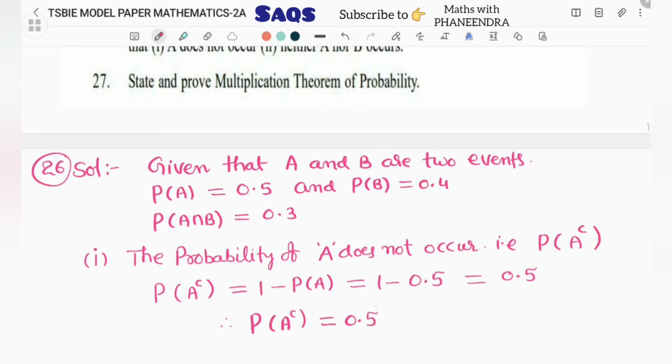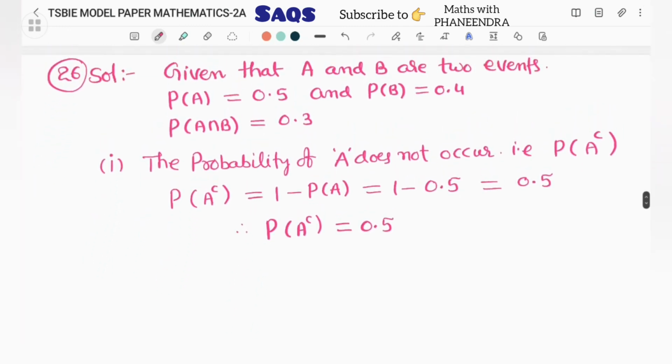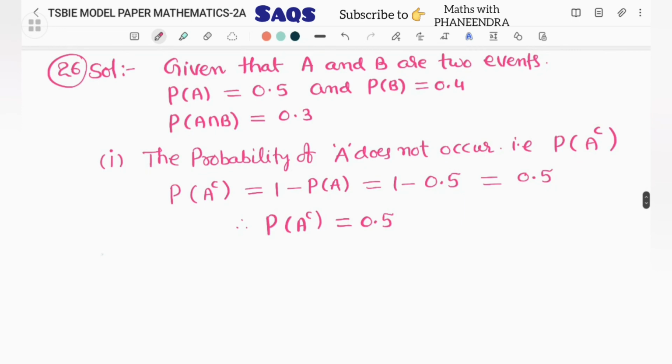Next, neither A nor B occurs. So the second one, the probability of neither A nor B occurs.